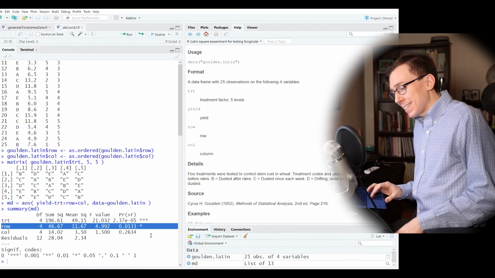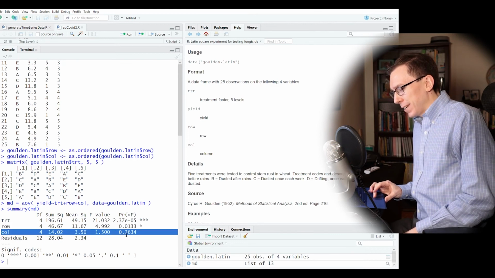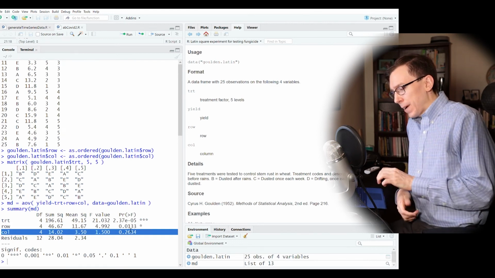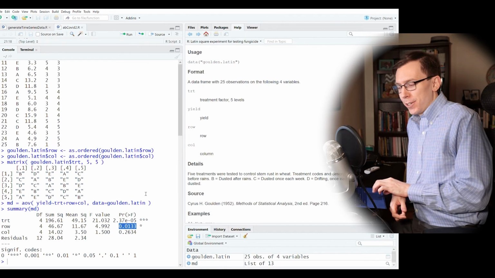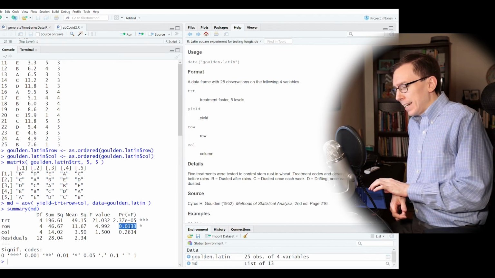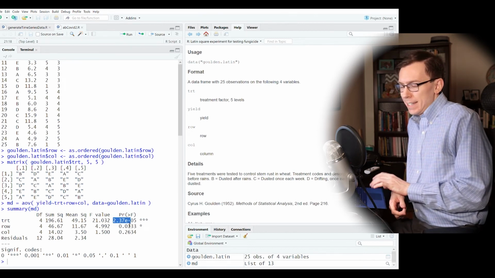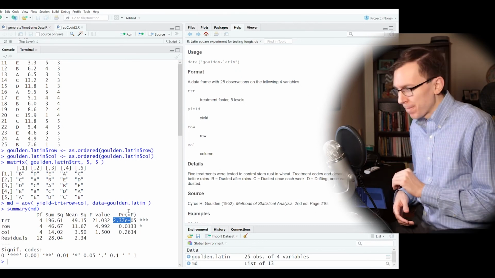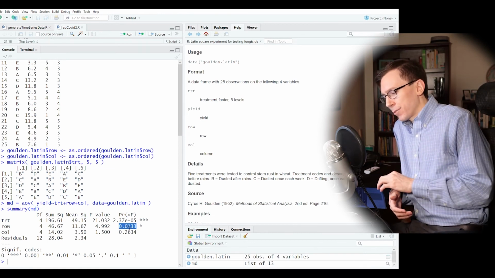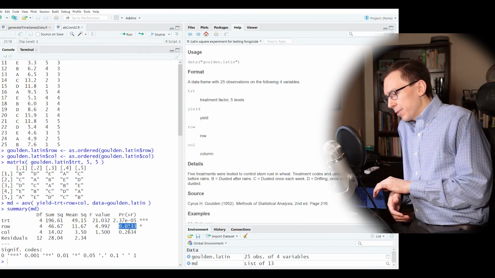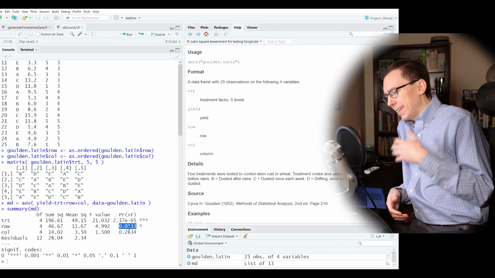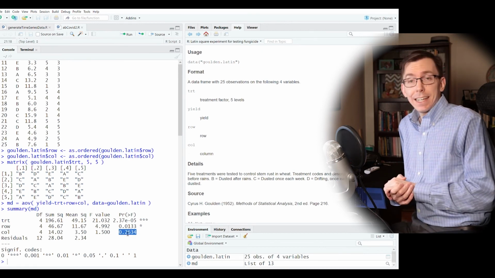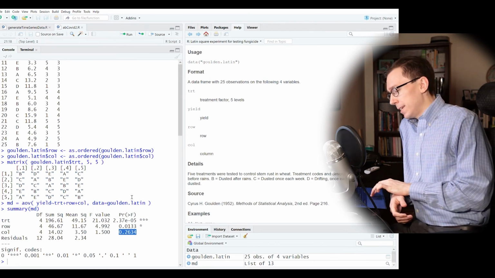But we also actually see a slightly significant result for the row and a very not significant result for the column. Again, we do have to consider the idea of multiple testing. So this first p-value for the treatment is extremely small, even if we were to do a Bonferroni correction. The row one is still small enough that I think it's worth investigating. And then the column one is definitely not significant by any means.